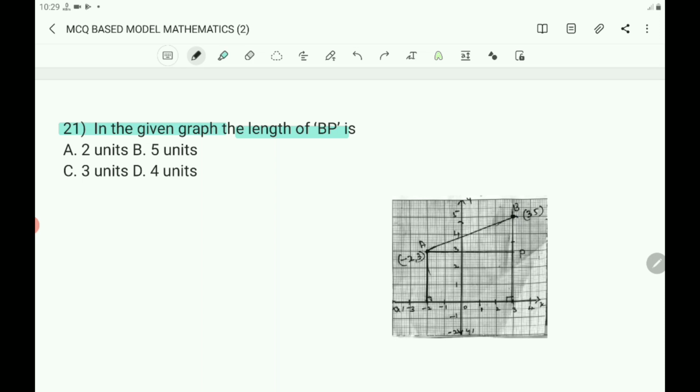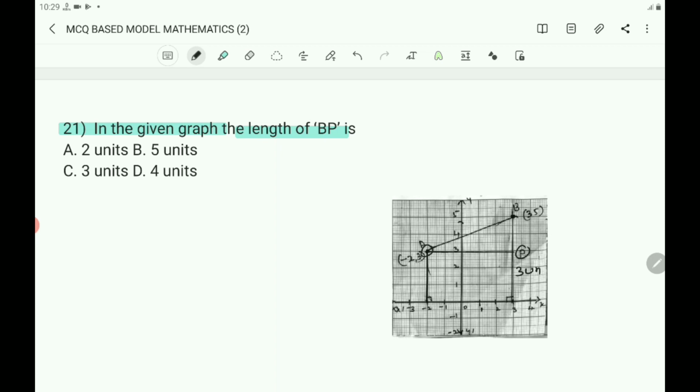So you will get 2 units. You can make out easily. But here, if you use the distance from the points, you know that P and A are at equidistance from the x-axis. So you can have, this is 3 units.